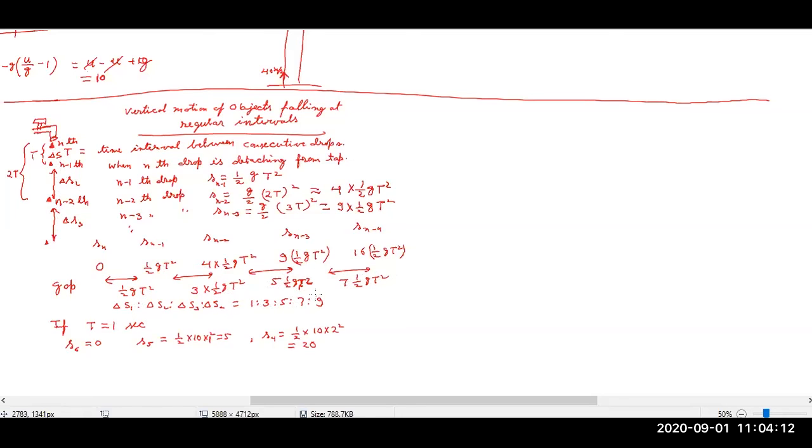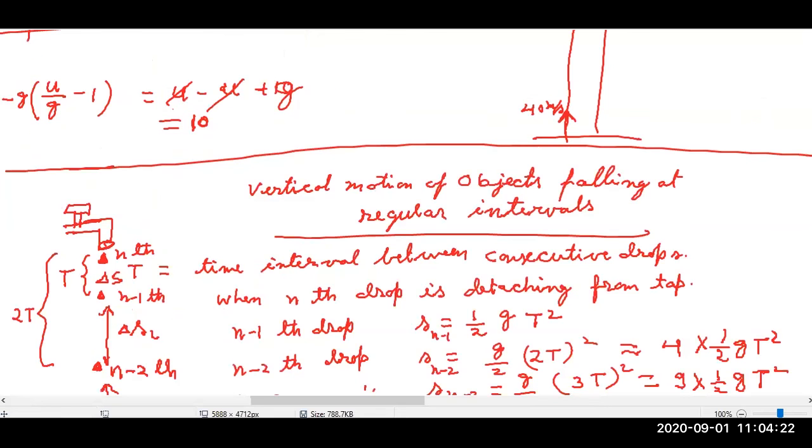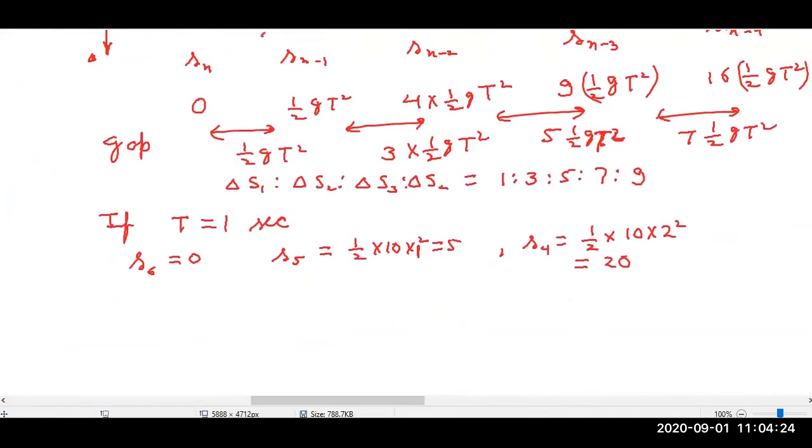Now we are taking a particular case of time period 1 second, and we are taking the example of 6 drops. So if the 6th drop is at the 0 position, near the tap, then the 5th drop will be at a depth of 5 meter from there.